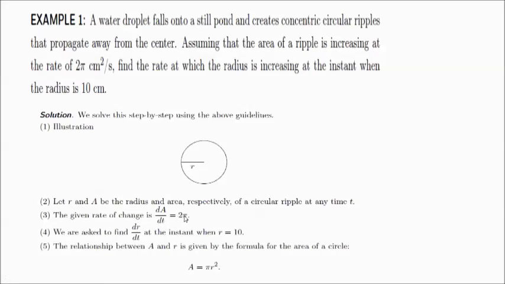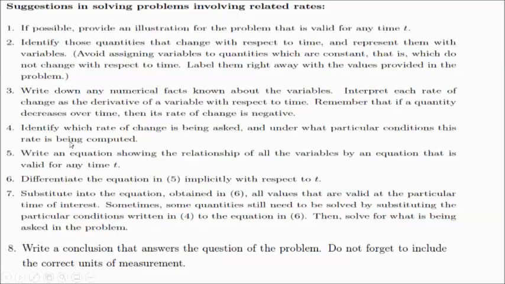Okay? Paano mo isusulat yung rate of change? This is in terms of area, so dA over dt since over time. Given sa problem, equal to 2 pi. Okay, and then number 4, identify which rate of change is being asked and under what particular conditions this rate is being computed.